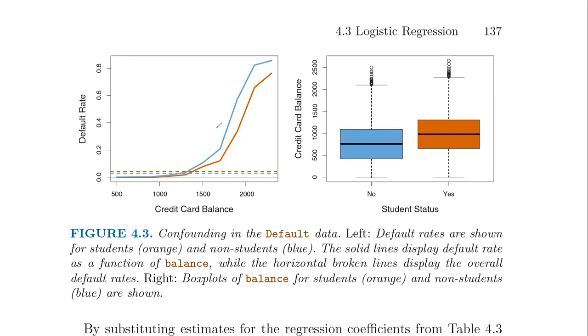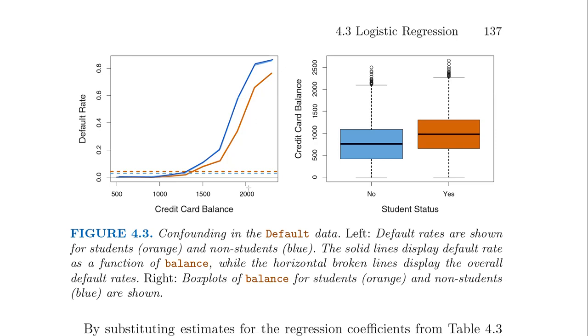But now we're looking at, let me just see. So blue is non-students. This is how non-students, as the credit card balance increases, how many of them defaulted.